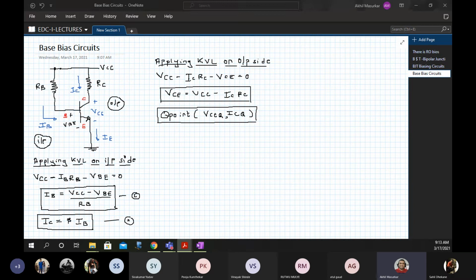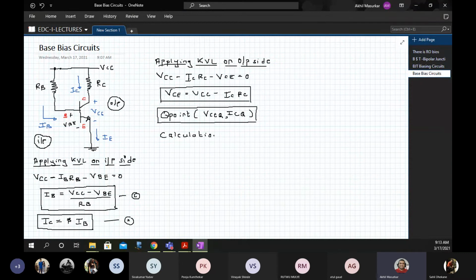Now comes the calculation of stability. So by formula, SICO we have just derived is 1 plus beta upon 1 minus beta into delta IB upon delta IC.